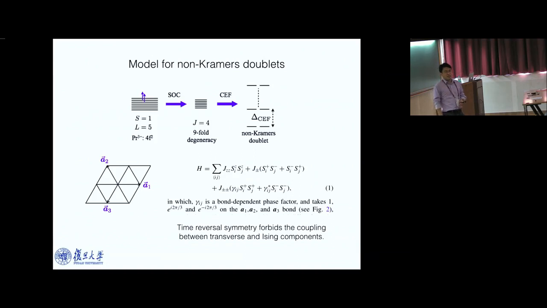So imagine your system develops order in this internal XY plane, in this quadrupolar non-magnetic component. Any kind of magnetic measurement will not see it, because that object is non-magnetic. So you do neutron scattering, any magnetic measurement, NMR, and you don't see any signatures.